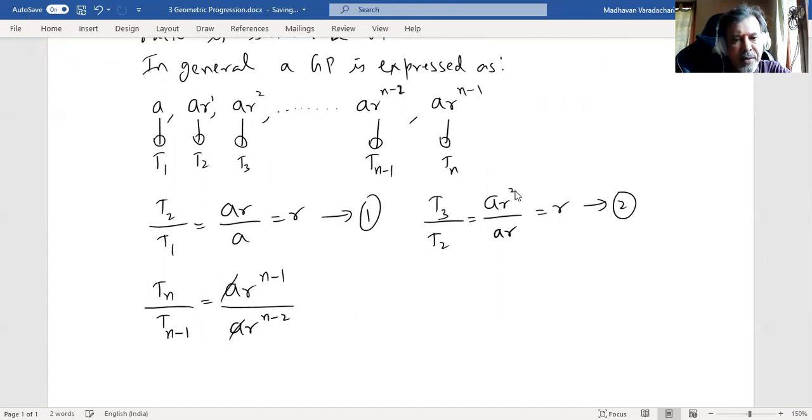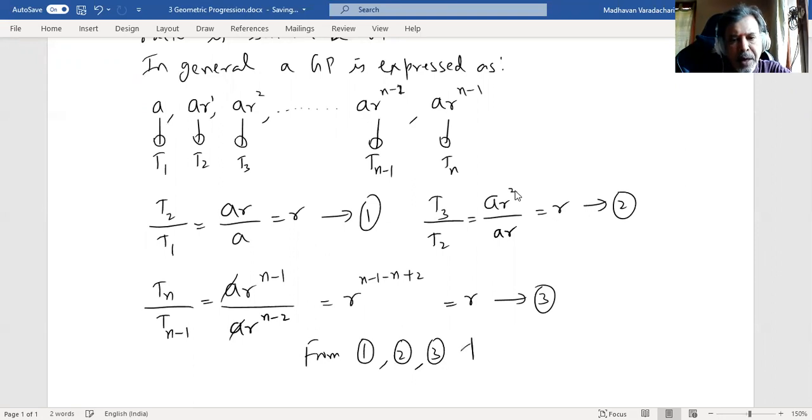A and A get cancelled and this will be R power n minus 1. And if I take this R power n minus 2 to the numerator, the power sign will change, minus n plus 2. So ultimately that also will give you R. So we may note from equations 1, 2 and 3, the common ratio is R.